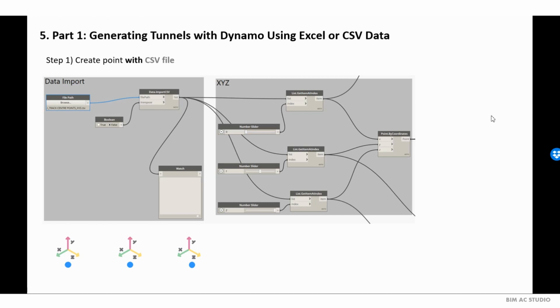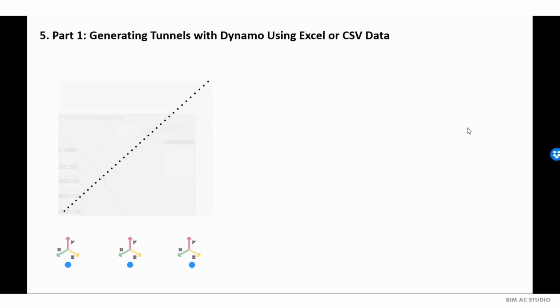After that, you can create a point.byCoordinates. So whether you are using Excel or CSV, as long as you have imported the correct information into Dynamo, in the end you will get this coordinate point in Dynamo.